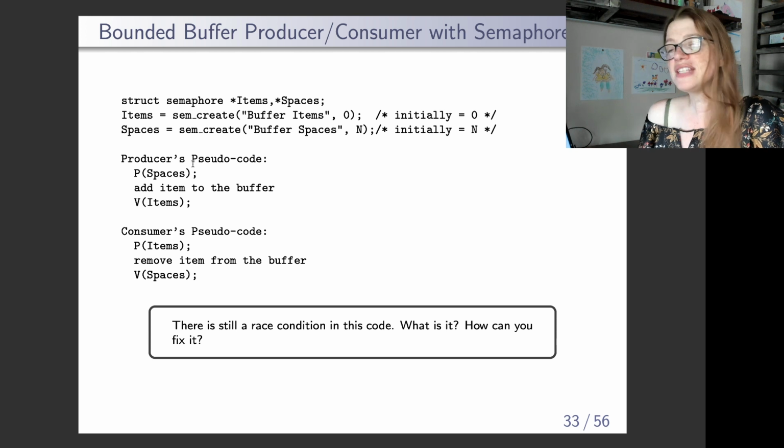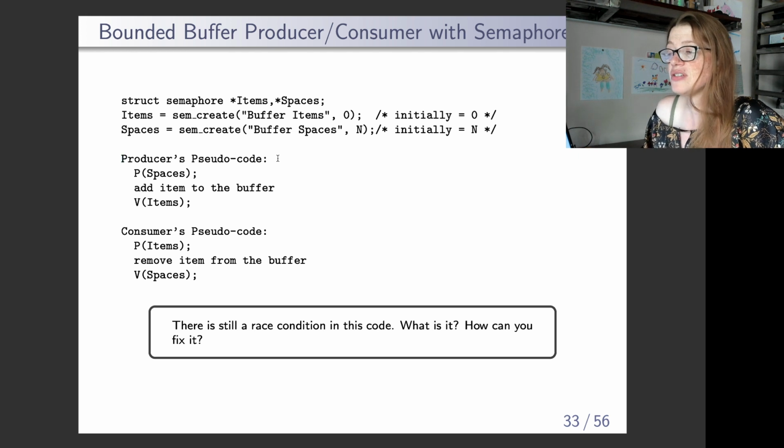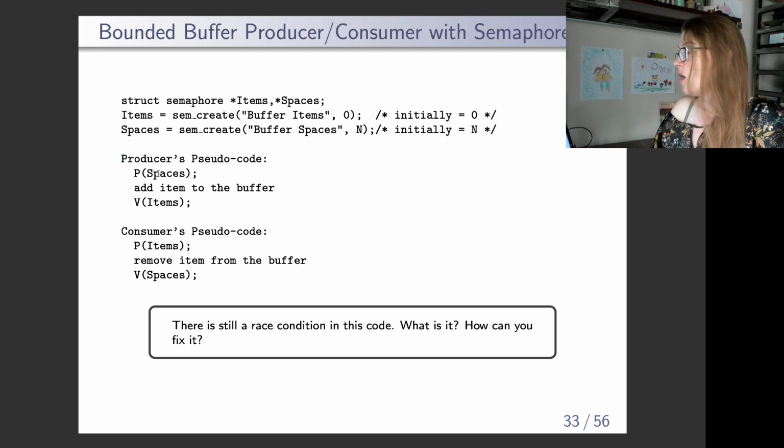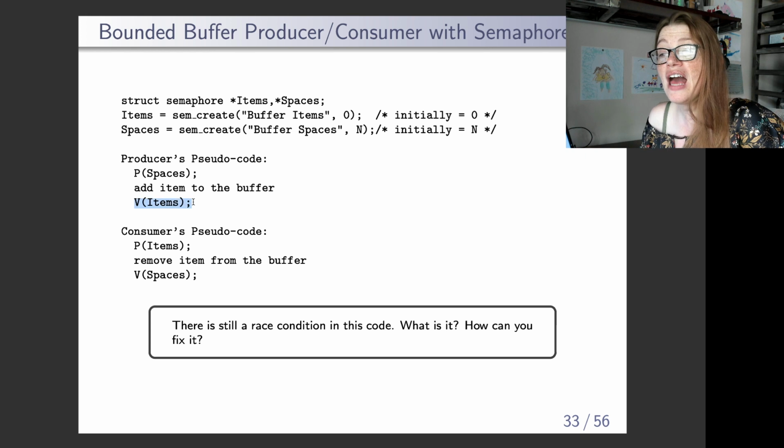So then using semaphores for producers and consumers is actually really, really simple. In the producer, since the producer wants to consume a space, we are going to P spaces to try to acquire it. Once a space is available, we will add our item to the buffer. Since we just added an item to the buffer, we've incremented the number of resources available, and so we V items.